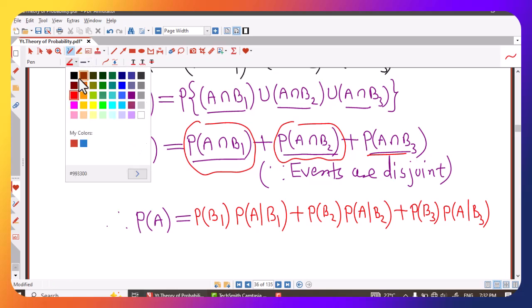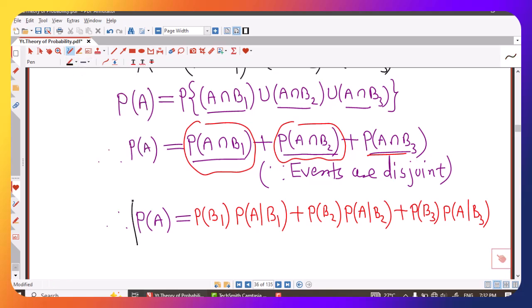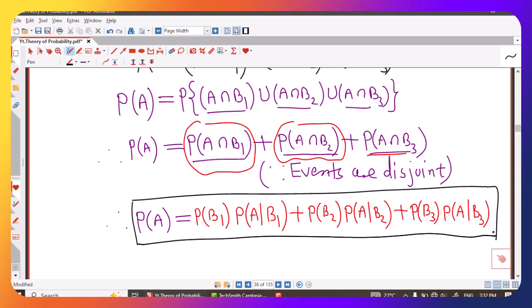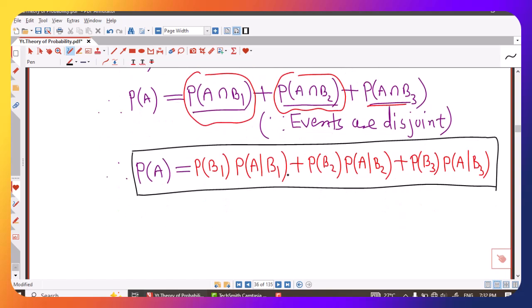Therefore, you can see we have obtained the formula for the probability of event A, which was an arbitrary event whose probability is non-zero, and here B1, B2, B3 are mutually exclusive events, and this formula is known as the rule of total probability or total probability rule.